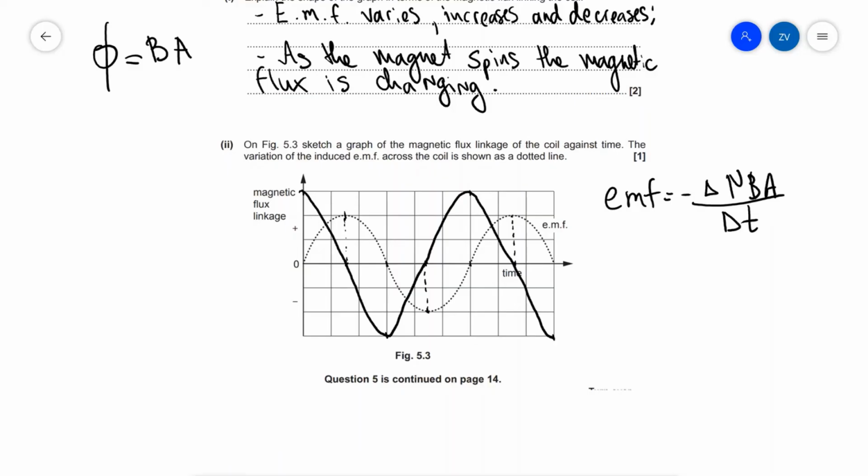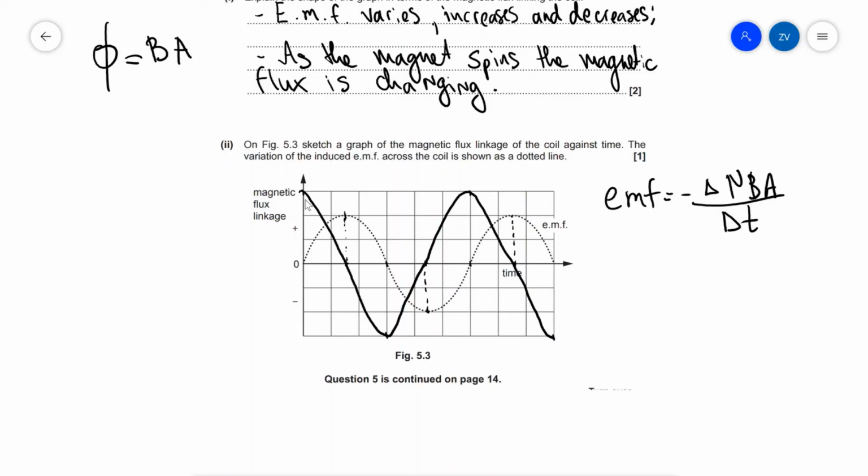If you have your mathematics hat on as well, you will quickly realize that this rate of change is actually a derivative, and you could find the magnetic flux linkage essentially by integrating the curve of the EMF, which is a sine curve, as we can see, and the integral of that curve is a negative cosine, which will eliminate this minus sign over here.